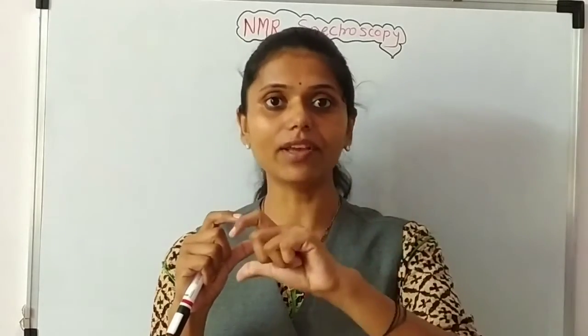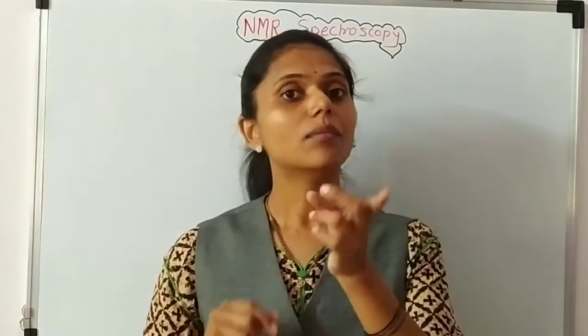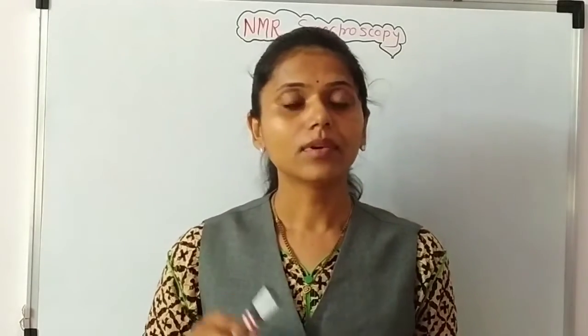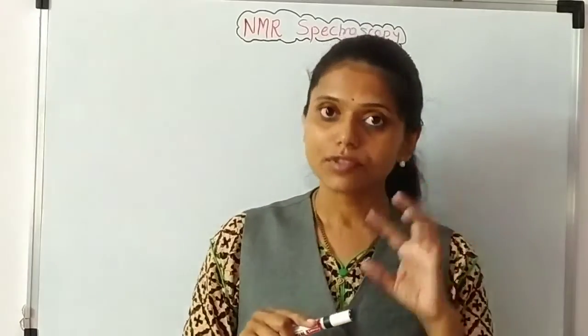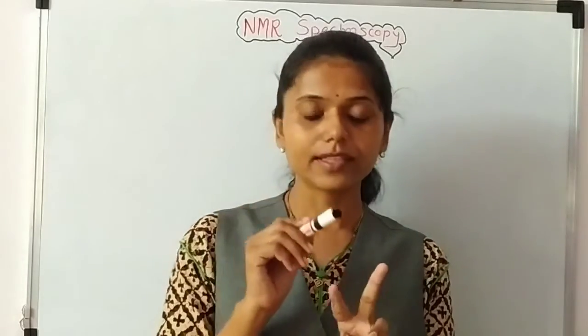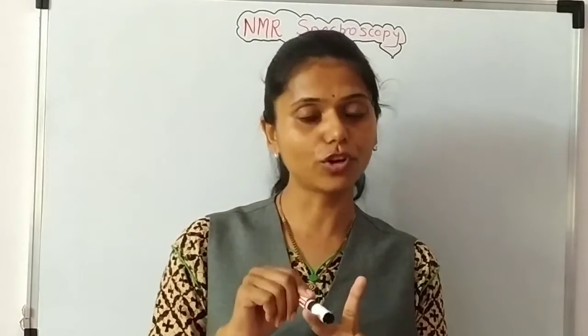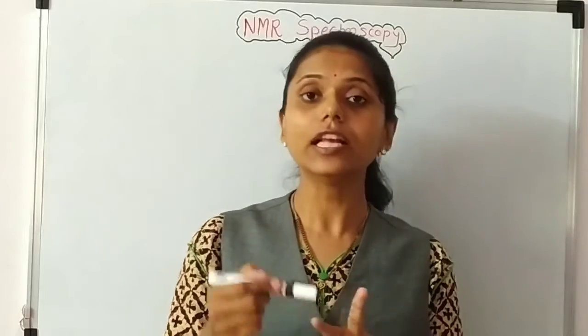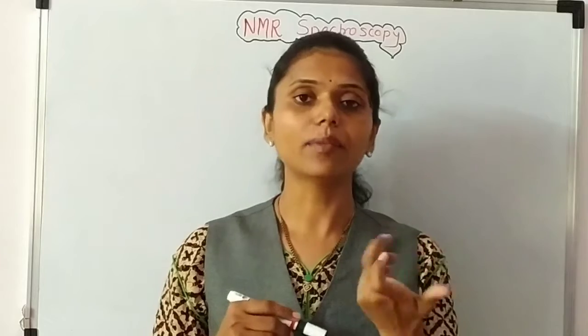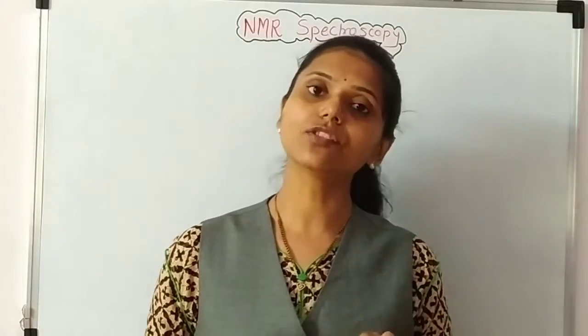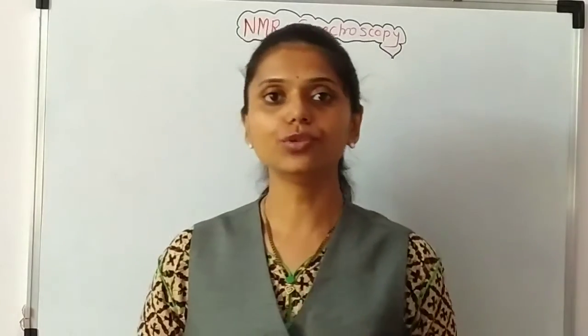That means 6 plus 7, we get 13. How many neutrons are there? 7. That means an odd number of neutrons. So I tell you that if an odd number of protons or an odd number of neutrons is present in the nucleus, this nucleus shows NMR spectroscopy. In the case of H1, there is an odd number of protons. In the case of C13, there is an odd number of neutrons.